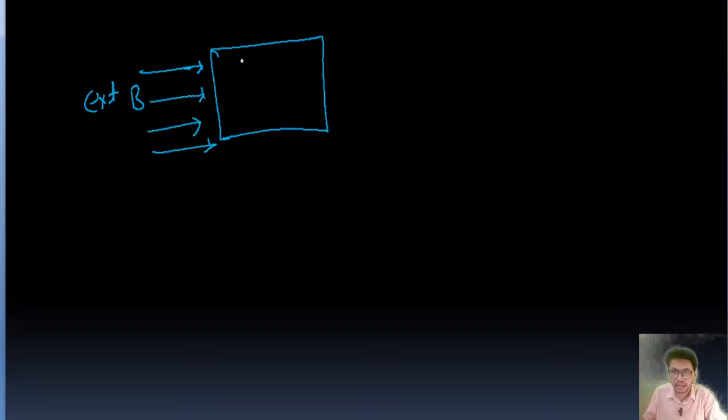So these dipoles will arrange like this, in the direction opposite to the direction of magnetic field. You can see the direction of magnetic field and the direction of those dipoles are opposite to each other, and they are aligned in this way.